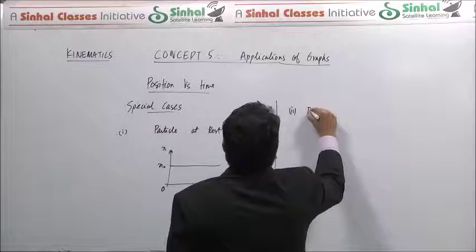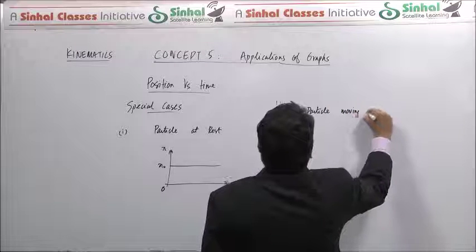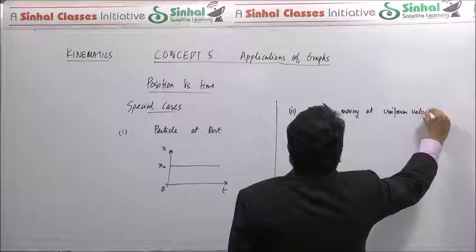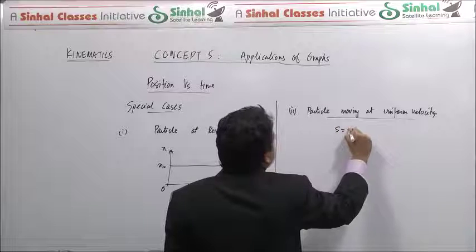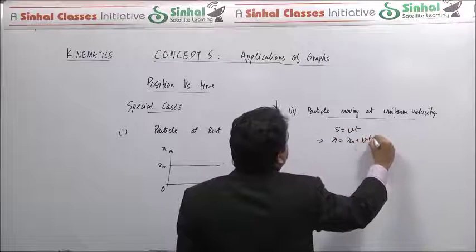Next, we have a particle moving at uniform velocity. Okay. So we can see that the displacement is velocity into time. So the position would be equal to the initial position plus velocity into time.